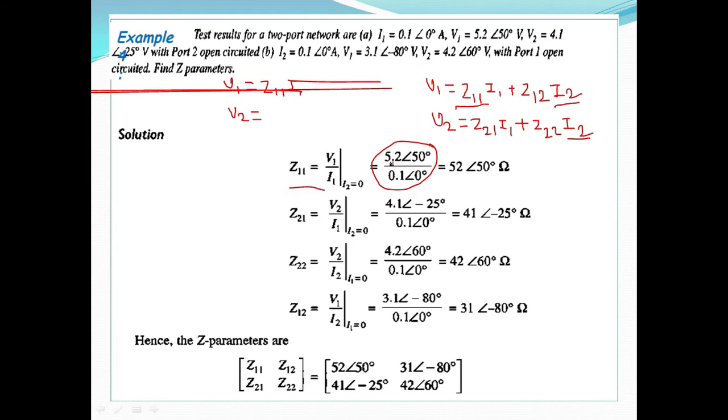If the magnitude is given, then you divide the magnitudes and subtract the angles. So 5.2 upon 0.1 is equal to 52, and the angle is 50 degree minus 0 degree, which is equal to 50 degree.